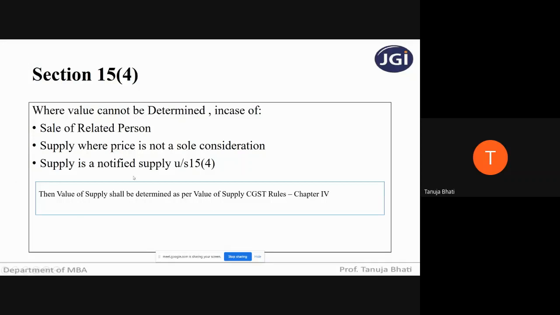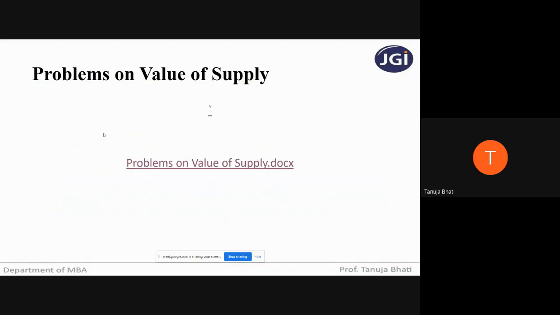There are separate rules for their valuation, which we'll be covering later. Today we will be covering transaction value, where the buyer and seller are related or not related, and price is the sole consideration. So now let us move ahead with the problems on value of supply.